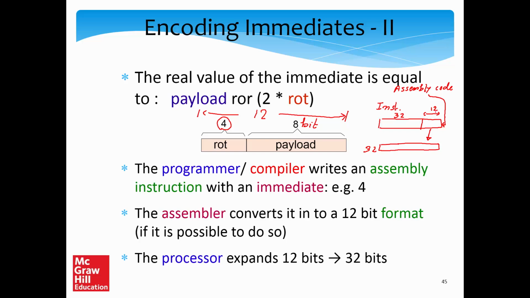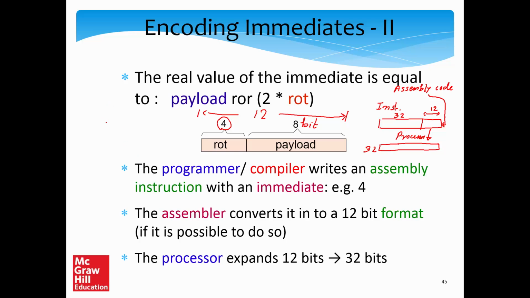We'll discuss this later. Once this has been encoded in 12 bits and actually executes, the processor will take these 12 bits out and expand them into a 32-bit quantity. The way the processor does it is as follows. It will take the 8-bit payload and rotate it by a number which is 2 times ROT.